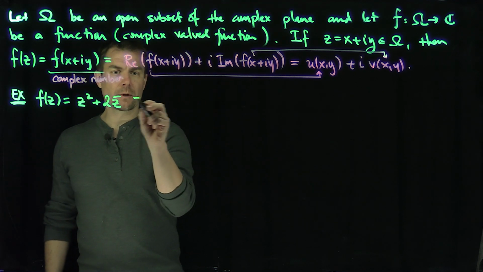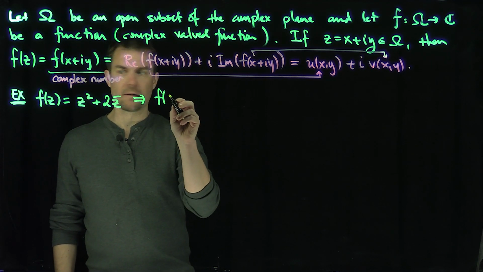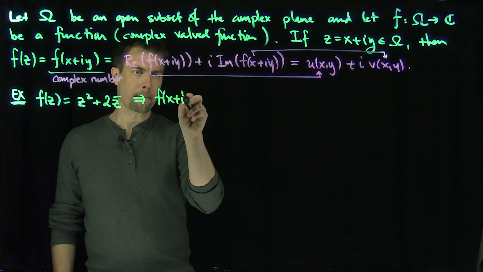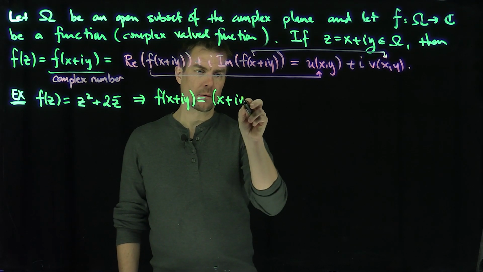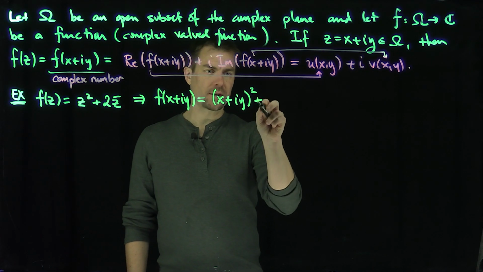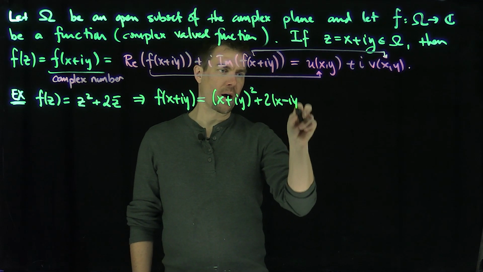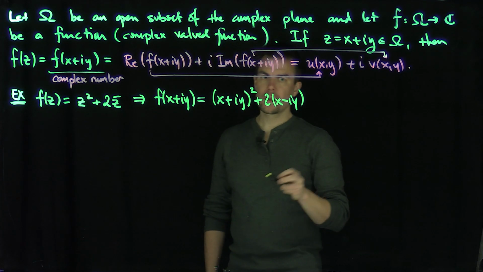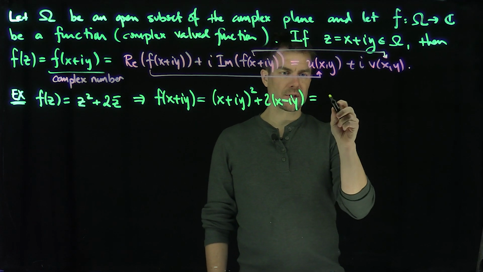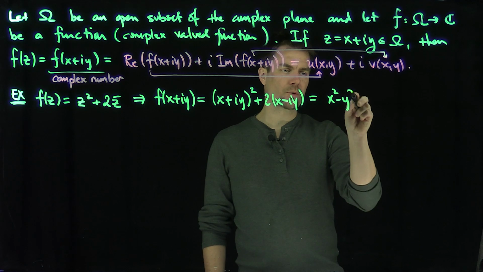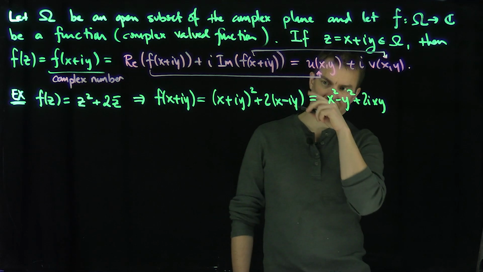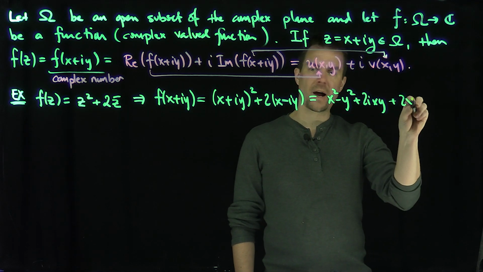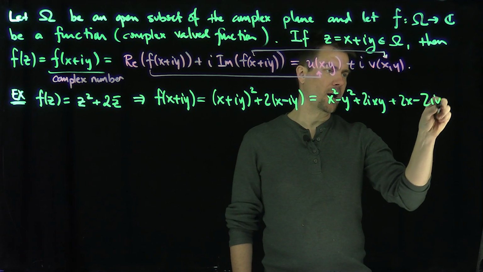So f of x plus iy would be x plus iy squared plus 2 times x minus iy. And of course, x plus iy squared is x squared minus y squared plus 2ixy. That's a good exercise for you all to practice your complex variables. Plus 2x minus 2iy.